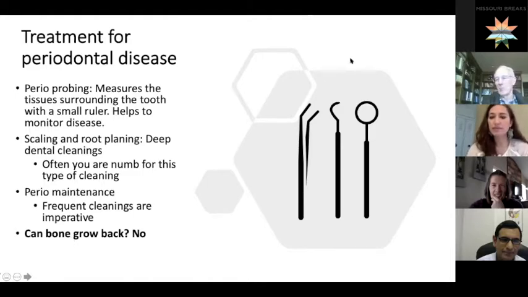Lindsey, we have a question that came up. Can you reverse gum disease though? Even if you can't reverse the bone loss, can you address that? Yes, gum disease can come to a place of stabilization where you don't have inflammation. It's not red, it's not angry, it's really healthy, but the bone will never grow back. So that's really the goal.